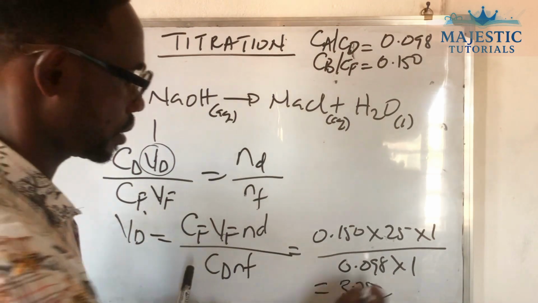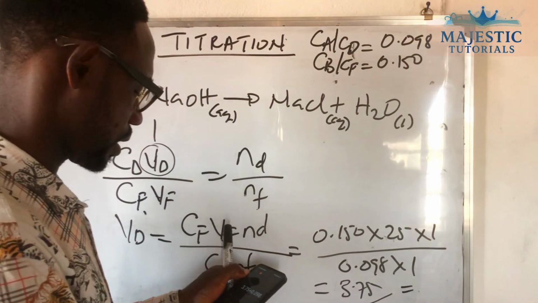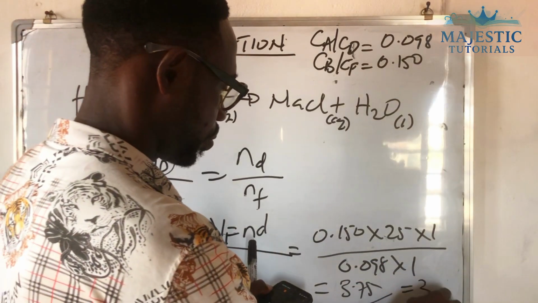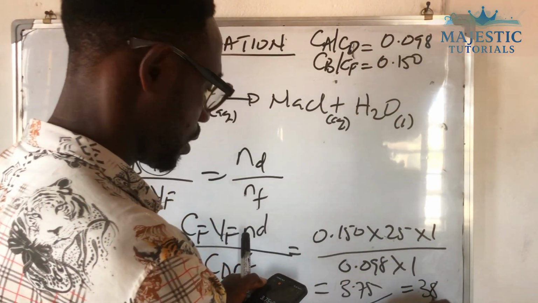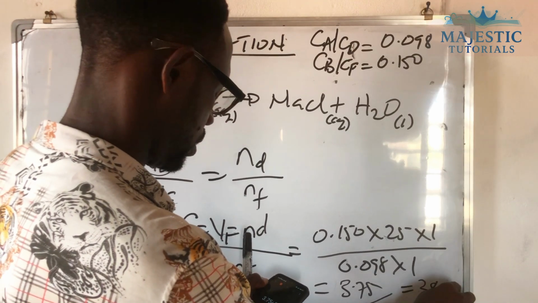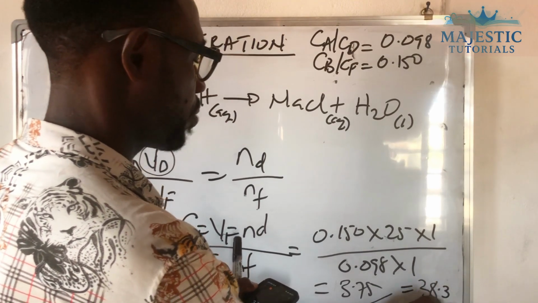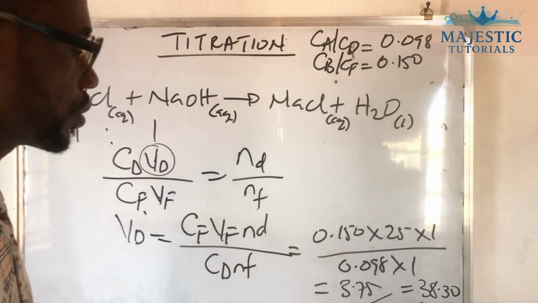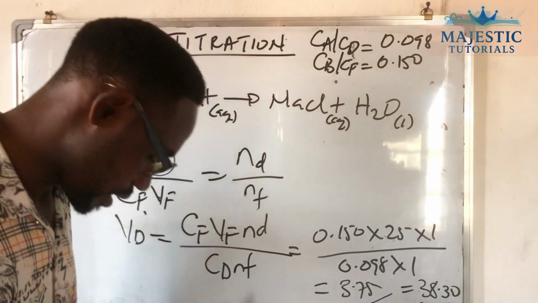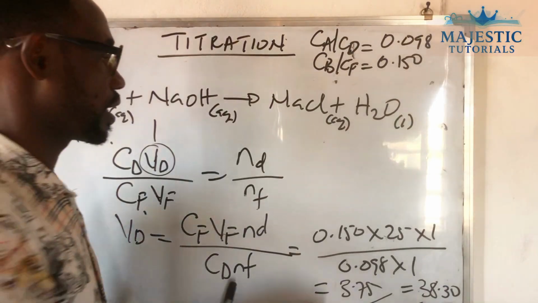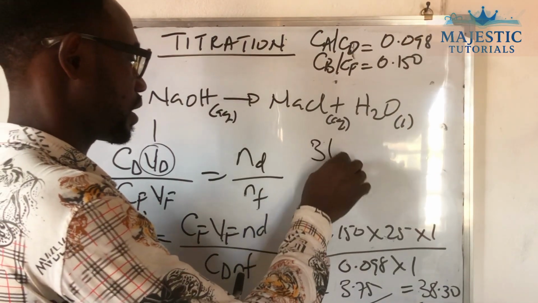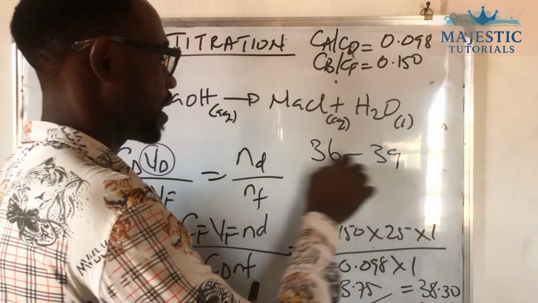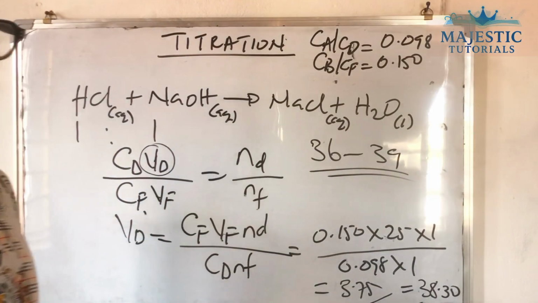Okay, we are looking at probably 38.3. Remember, you have to put 0 here on the approximate. That means the range of our endpoint here, anybody that is getting 36 to 39, it should be accepted because of little variations.